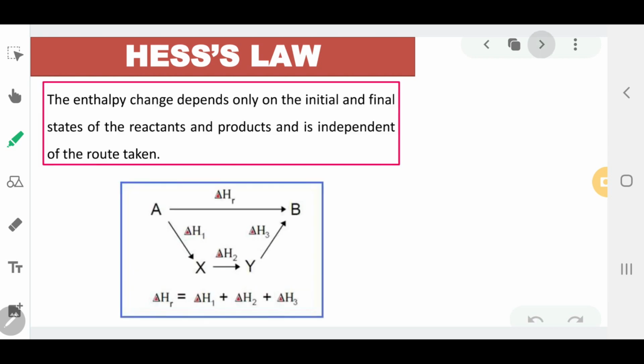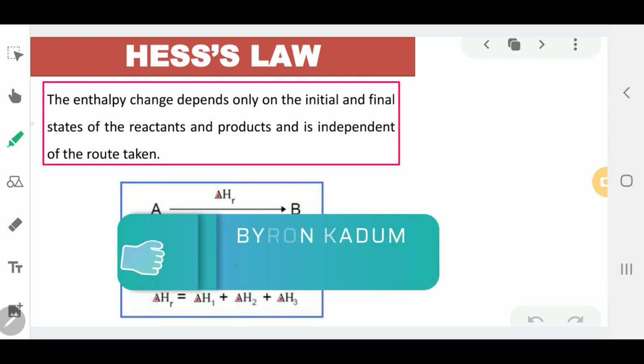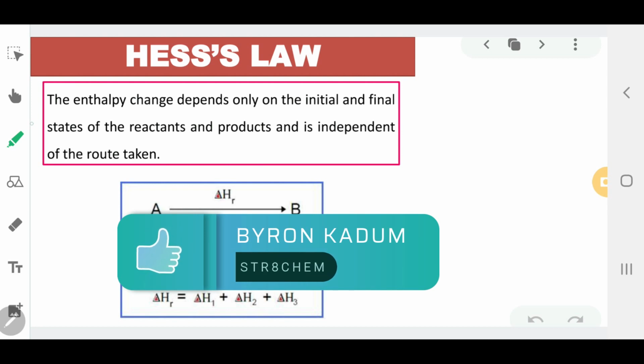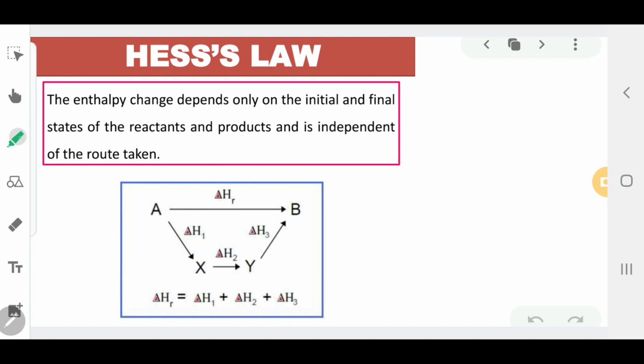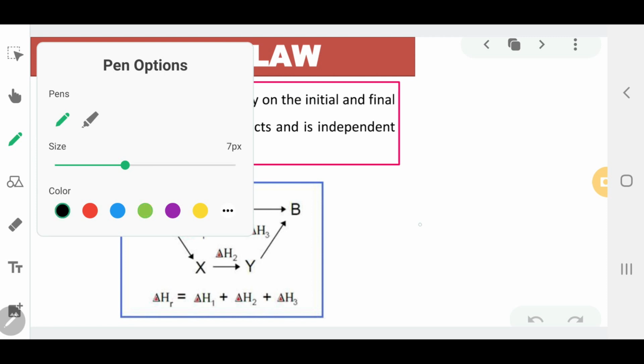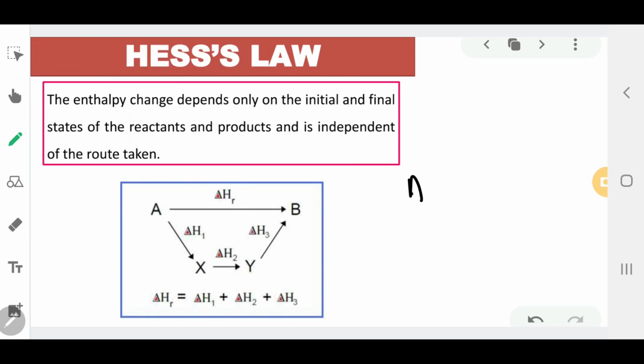To represent that graphically, we can look at this diagram over here. Let's say we have a reaction from A to convert into B. So A converts into B, this is the single step reaction, and it has a certain delta H value.